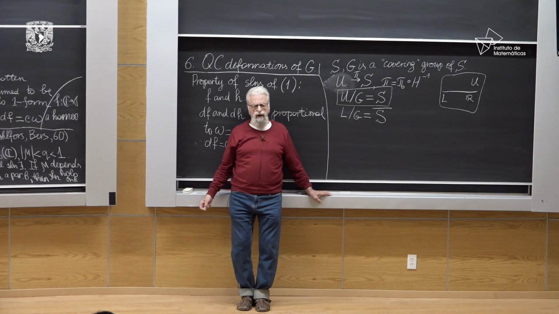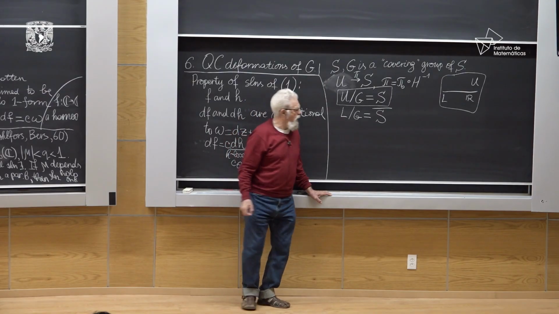And you get a new atlas of charts, and it is easy to see that the transition functions are still holomorphic. And this is the Riemann surface symmetric to S.